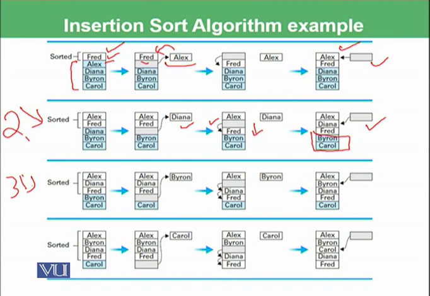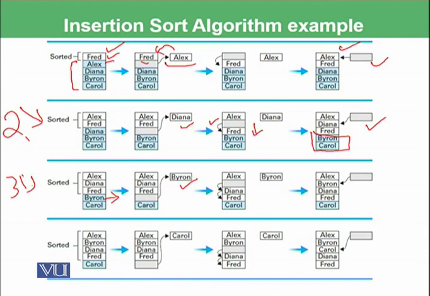So we are picking Byron from here, putting Byron in the temporary location, and then we start comparing with Alex. When we compared it with Alex, we found that Byron is greater than Alex. So this means we need a location over here. So we inserted it over here by moving the elements downward.